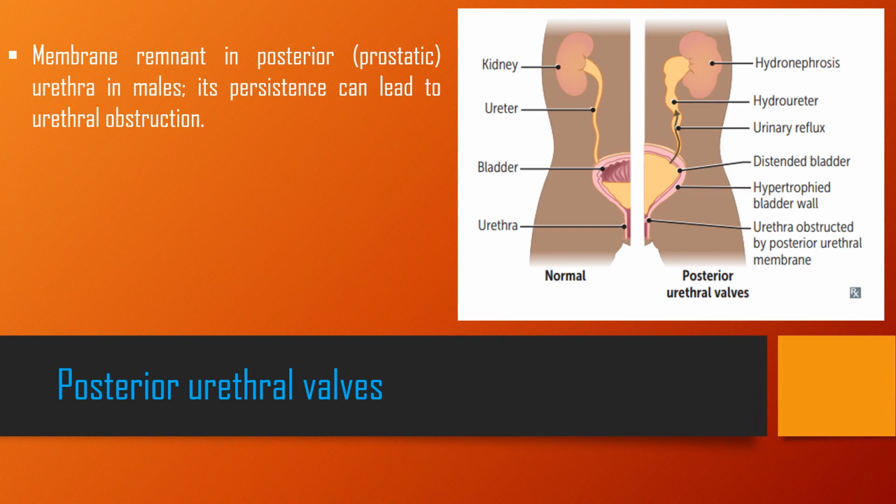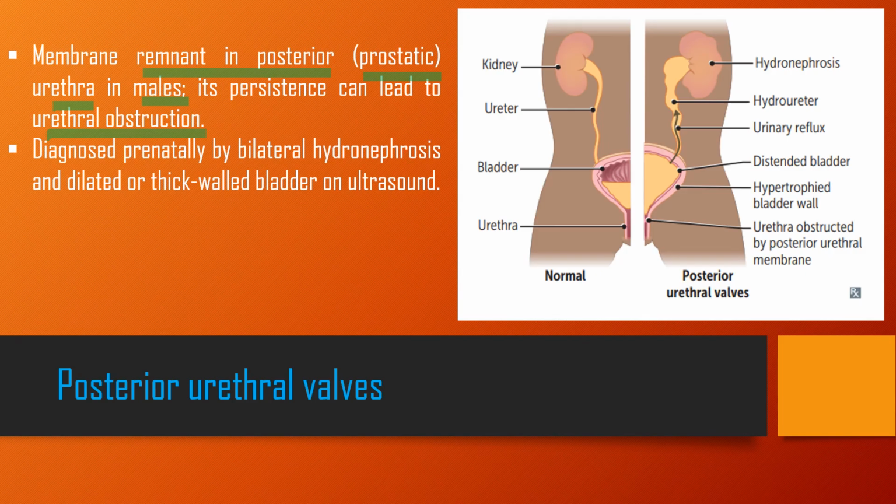So that's why the ureter gets hydroureter and the kidneys get hydronephrosis, that is, the accumulation of urine in the kidneys and the ureter. The membrane remnant in the posterior, that is prostatic urethra in males especially, if it persists can lead to urethral obstruction.